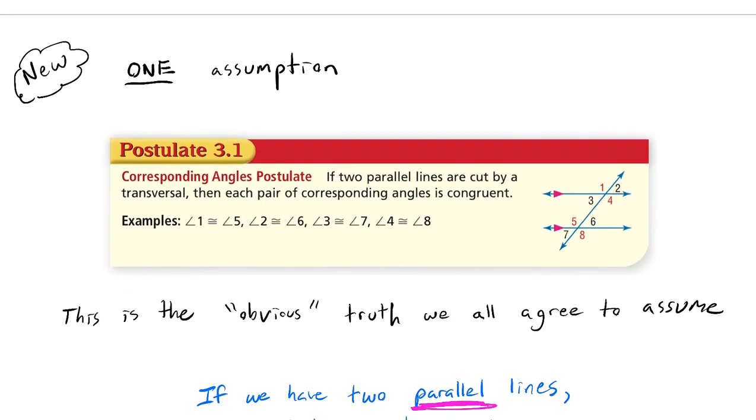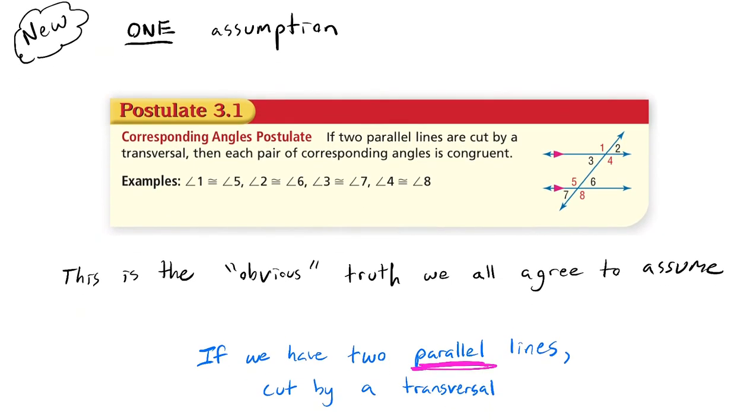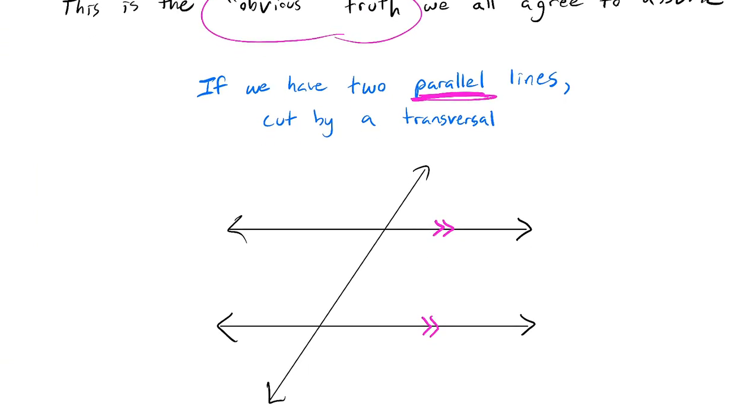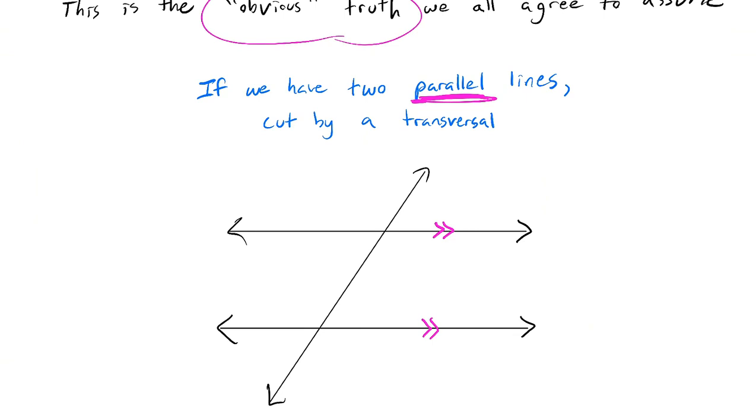So we're going to make one assumption together, okay? The one assumption, the obvious truth that we all agree on, like, hey, this is true. We can't prove it, but we're all in agreement, like it's obvious. That one assumption is if two lines are parallel cut by a transversal, right? So again, like I was saying, a line is always going in the same direction as itself. That's the whole definition of a straight line in space in Euclidean geometry.